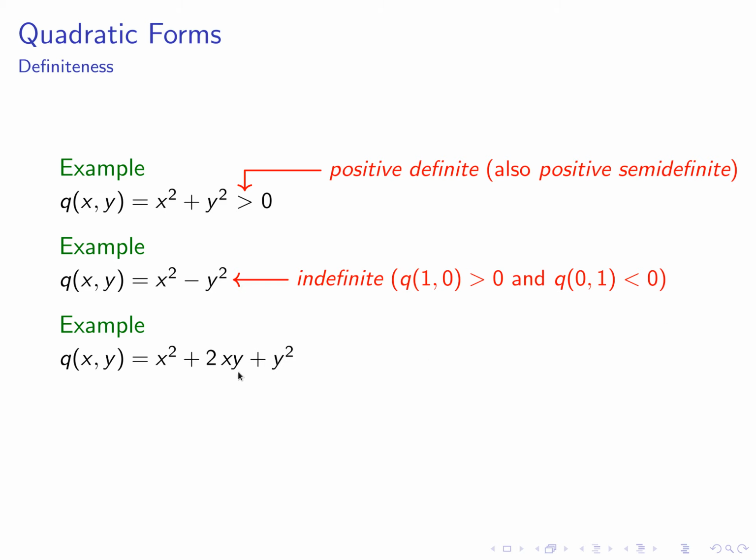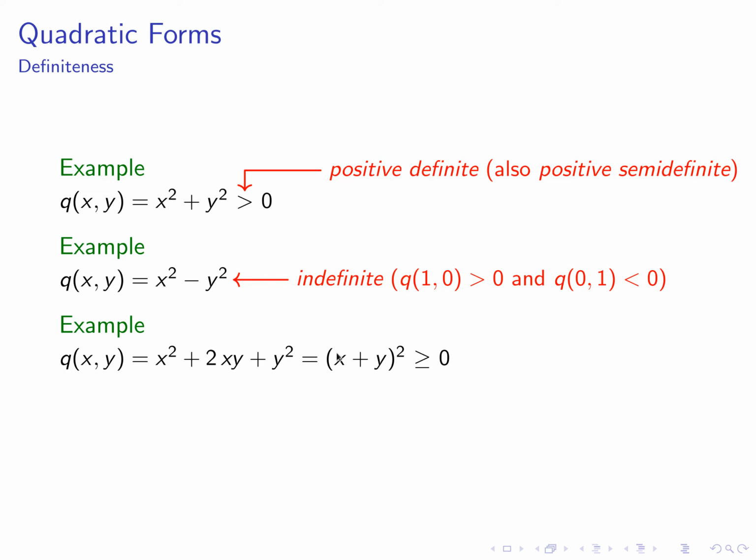Here's a more complicated example. This quadratic form takes the formula x squared plus 2xy plus y squared. Here, it's a little more difficult to tell right off the bat what the definiteness is. However, we can use a standard algebraic trick. If we stare long enough, we realize that x squared plus 2xy plus y squared is the same thing as the quantity (x plus y) squared. And if we're looking at (x plus y) squared, this number will never be negative, but it can sometimes be equal to 0.